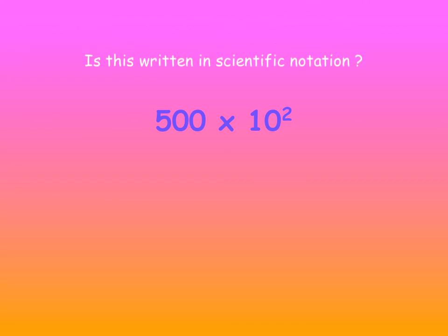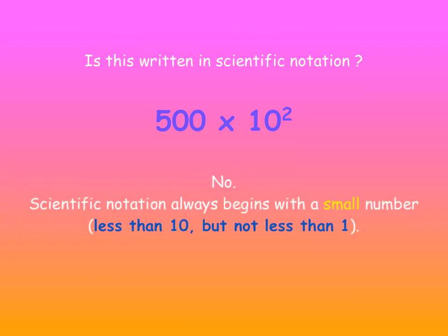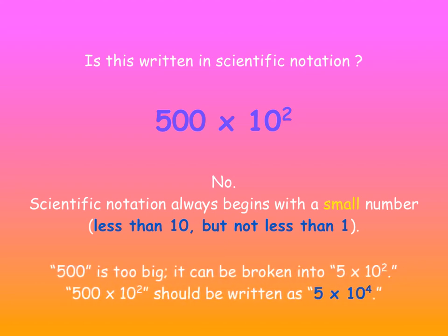Is this written in scientific notation? Well, no, because scientific notation always begins with a small number. Something less than 10, but not less than 1. 500 is too big, because it can be broken down into 5 times 10 to the 2nd power. So 500 times 10 to the 2nd power actually should be written as 5 times 10 to the 4th power.